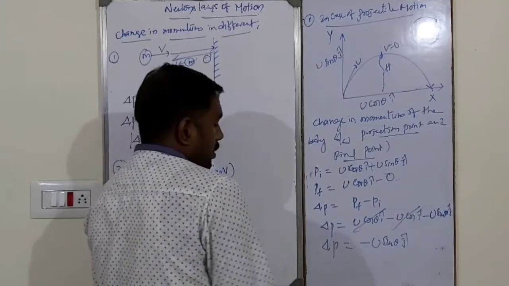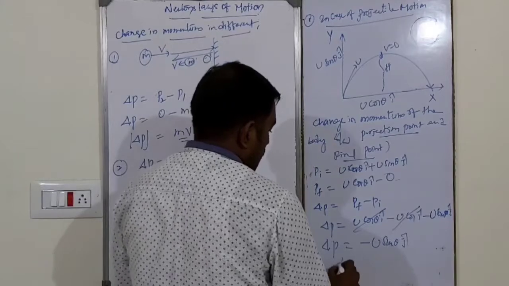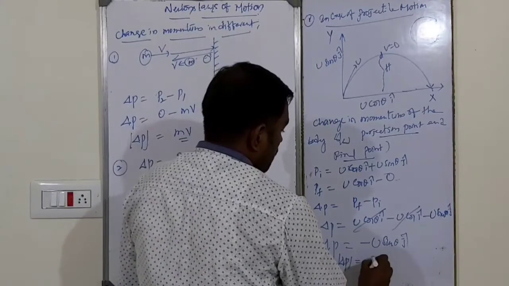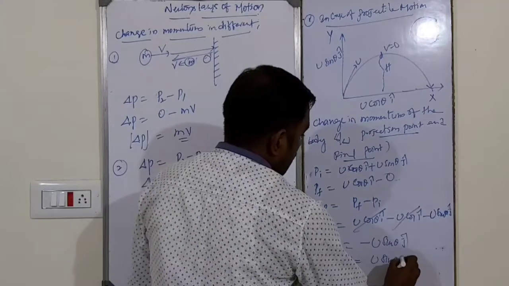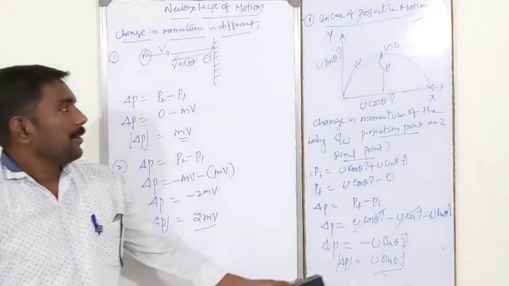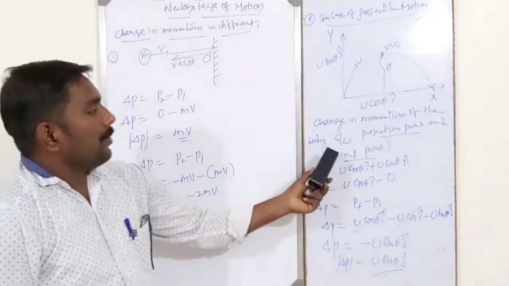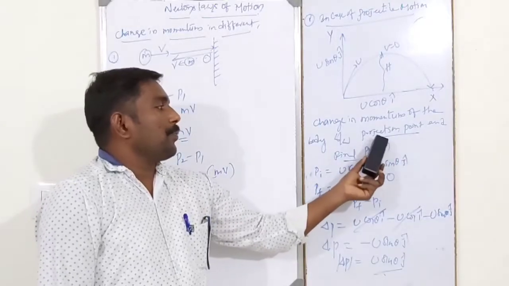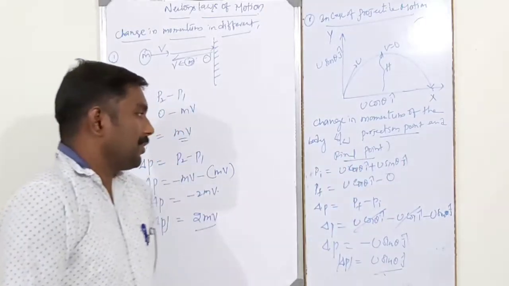So the horizontal parts cancel out, then the change in momentum is minus u sin theta j cap. Its magnitude is always positive, so the magnitude is u sin theta. So this is the change in momentum of the body between the projection point and the final point.